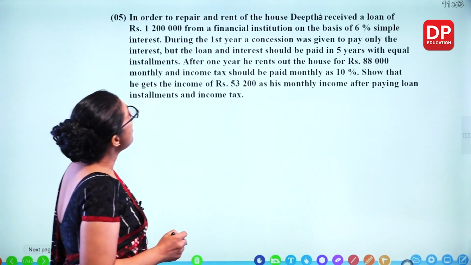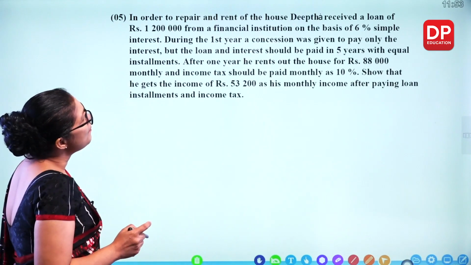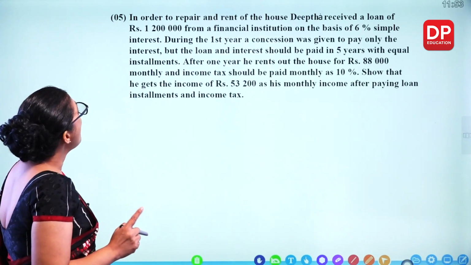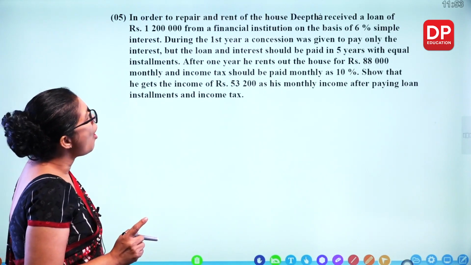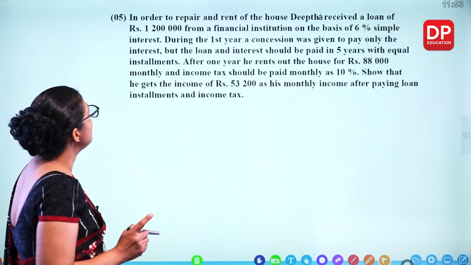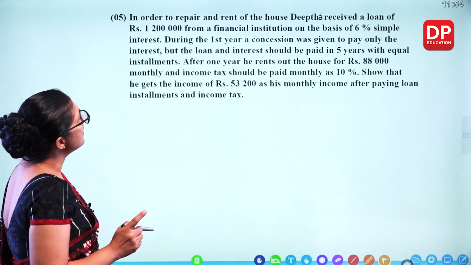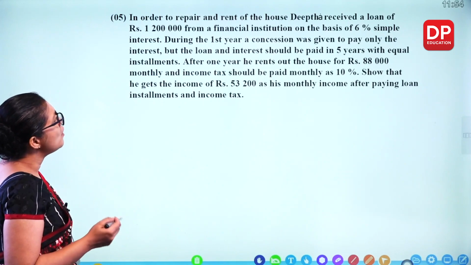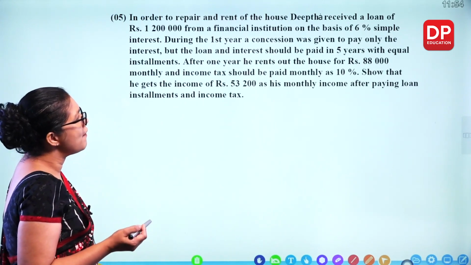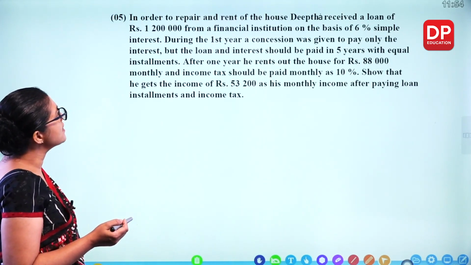In order to repair and rent out the house, Deepta received a loan of 1,200,000 rupees from a financial institution on the basis of 6% simple interest. During the first year, a concession was given to pay only the interest, but the loan and the interest should be paid in 5 years with equal installments.